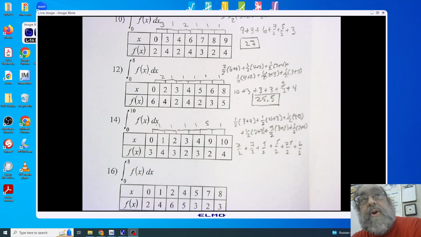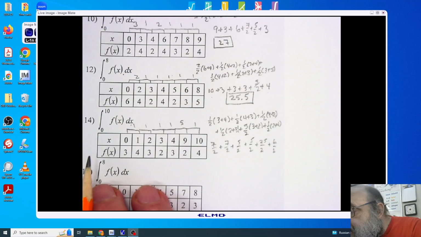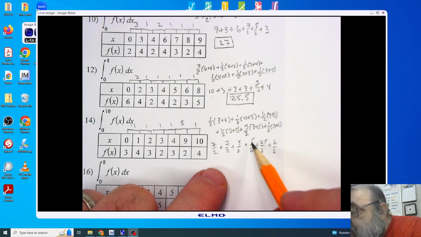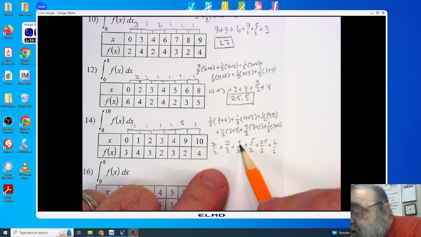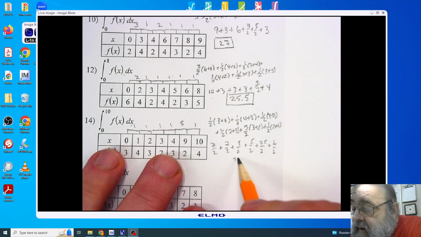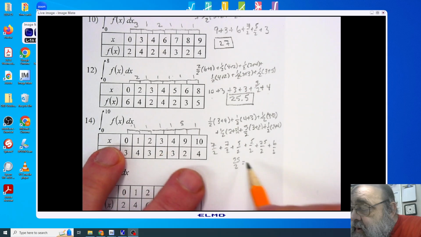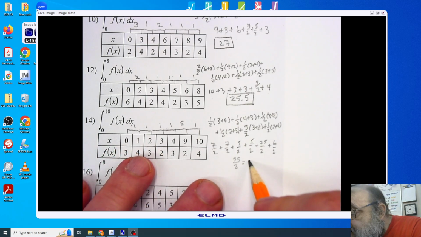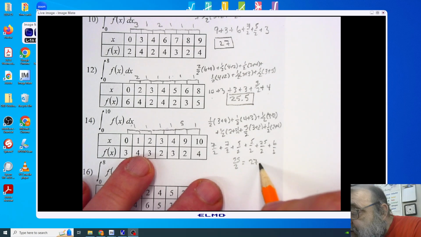Now I've kept it in terms of halves so that I could add it all together. 25 plus 5 is 30, plus 5 is 35, plus 14 is 49, plus 6 is 55 halves. 55 halves would give me approximately 27.5. And that would be my answer.